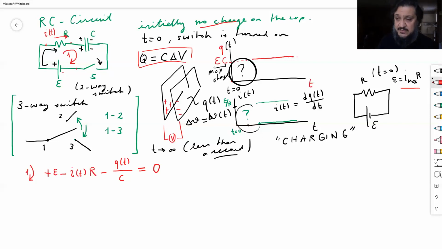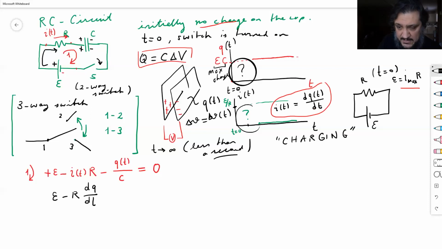But that's not really the case because I know that the current is the time derivative of the charge. So I'm going to apply that here: EMF minus R times dQ by dt minus 1 over C times Q equals 0.